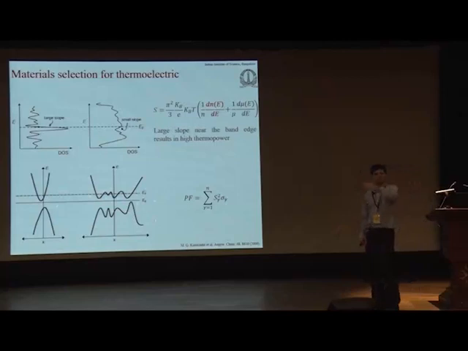Then you would sum over them and you can maximize it. Another point is that S is maximum if the bands are heavier, and sigma is maximum if the bands are lighter. So if you have a combination of heavy and light bands, you can again increase the thermoelectric performance.